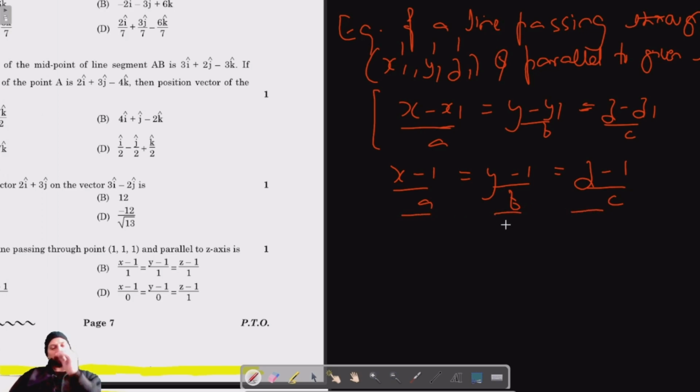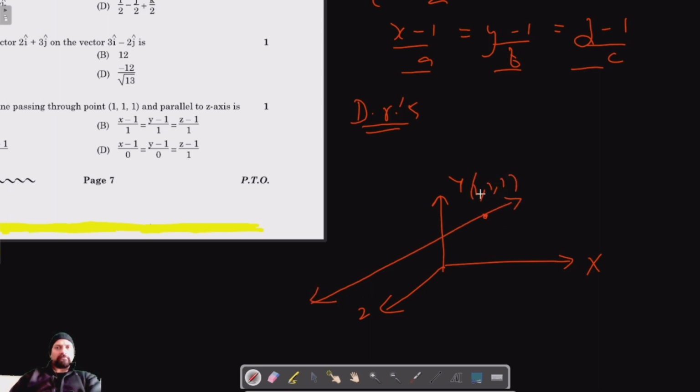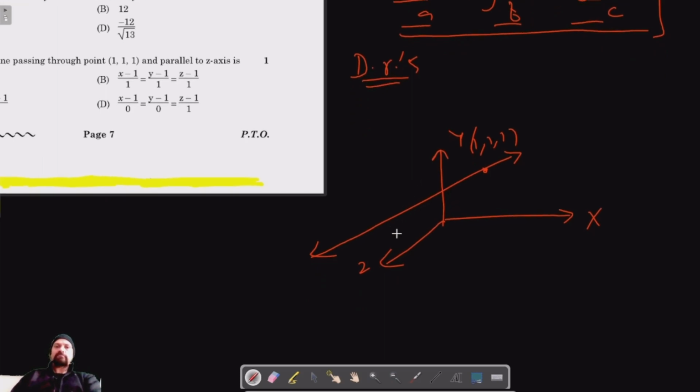Now what are a, b, and c? A, b, and c are the direction ratios. So we have to find the direction ratios. For that, let's try to understand the question. It says that the line is parallel to the z-axis and is passing through the point 1, 1, 1. So we have got the equation here, but we don't know a, b, and c, that's the direction ratio.